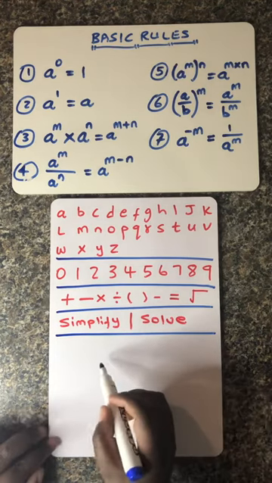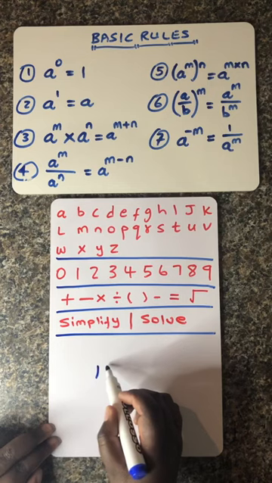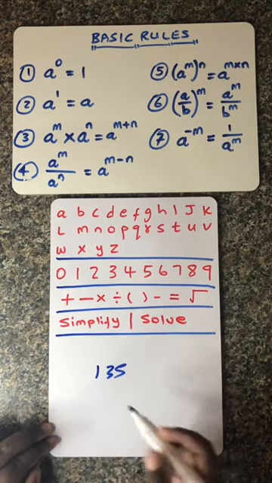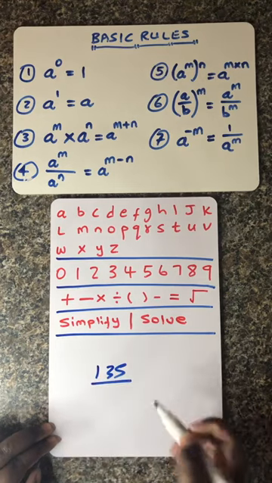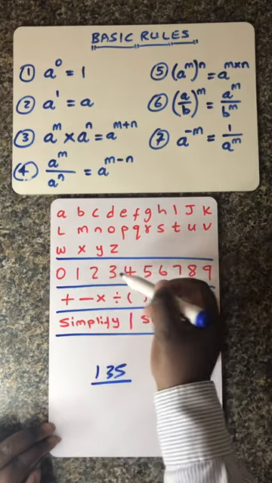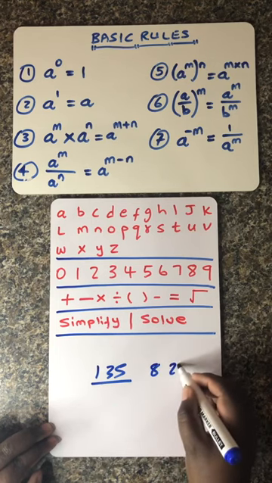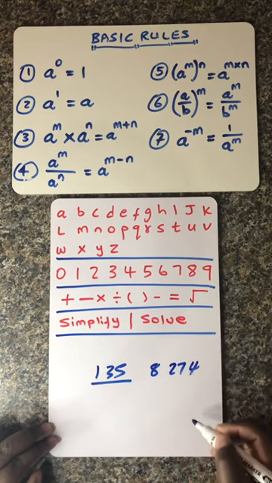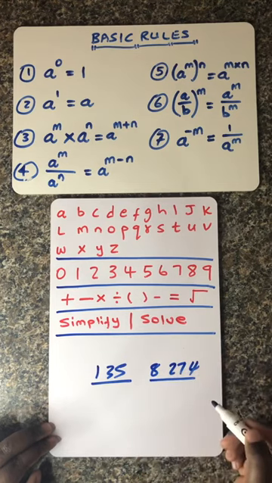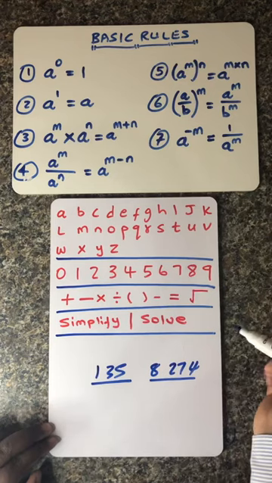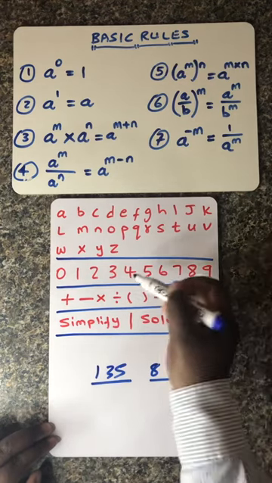I'll give you an example. Let's say 135. Can you see guys? This is a number which is the combination of 1, 3, and 5. You can also have, let's say, 8,274. Can you see guys? This is a number which is the combination of 8, 2, 7, and 4.